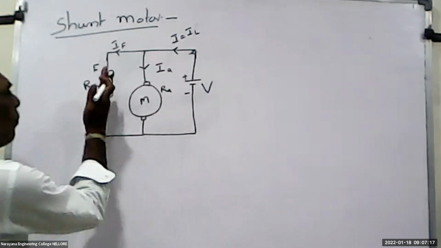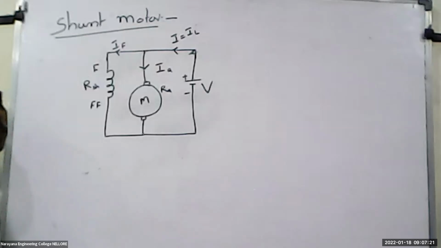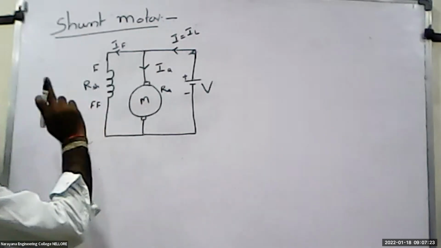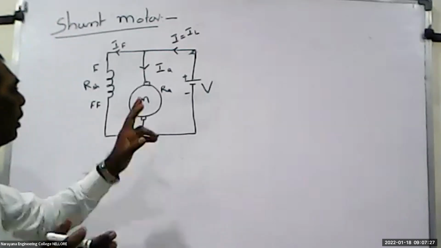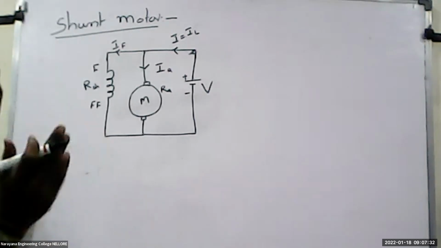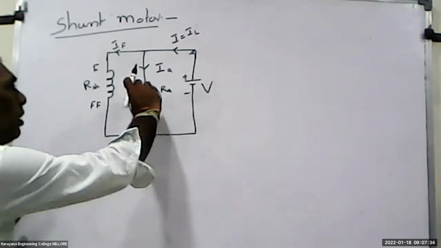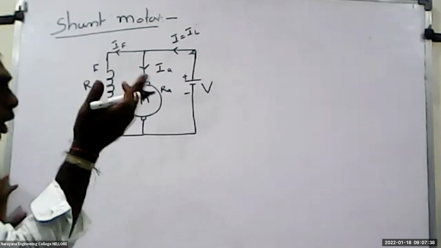So here the field winding connected in parallel with the armature is known as shunt motor. Similarly, for shunt generator, the field winding is connected in parallel with the generator armature. So this is common for both motor as well as generator.